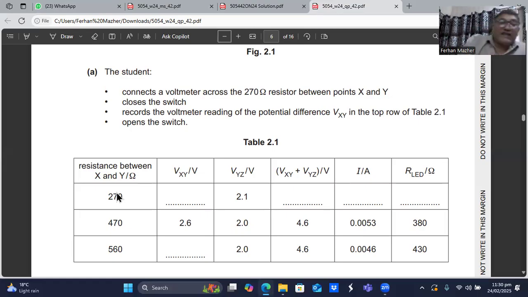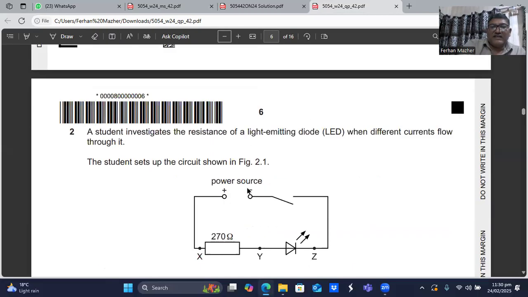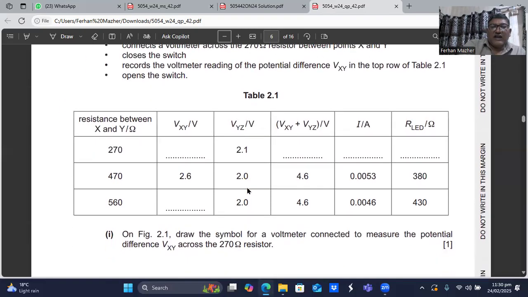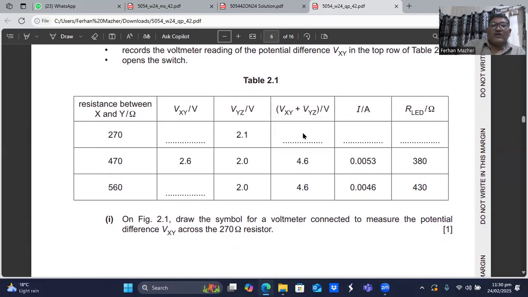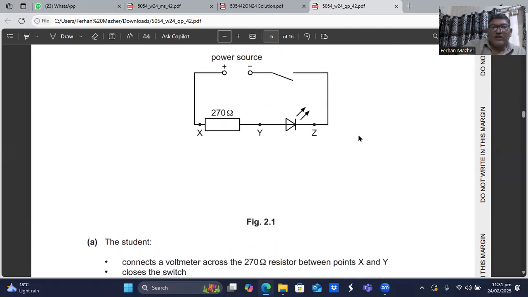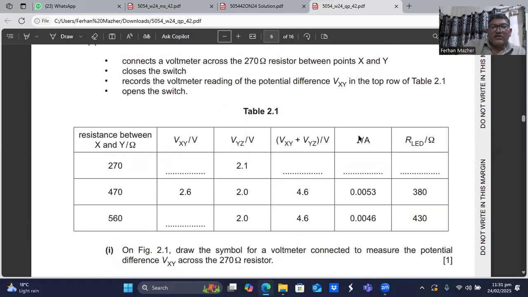So they have connected different resistors like fixed resistor 270, 470, 560, and they have noted down what is the voltage across the resistor and what is the voltage across YZ, meaning the diode, and then you have to add both the voltages. You have to find how much is the current flowing. We have not connected an ammeter here. And then you have to calculate what is the resistance of the LED.